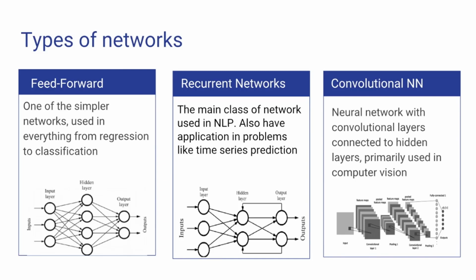Okay, so next we have recurrent networks, and these are by far the most useful and prominent networks in the subfield of NLP, NLU, voice synthesis, etc. Pretty much anything to do with language in general, recurrent networks are what you're going to use. They also have a bit of utility in time series prediction. Let's say, for example, you wanted to predict the price of a stock or a currency over time.